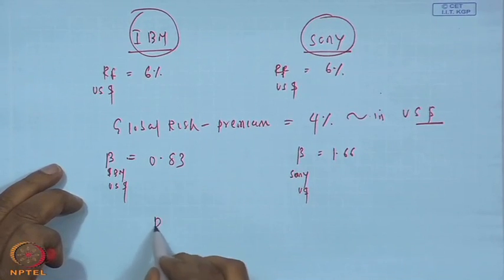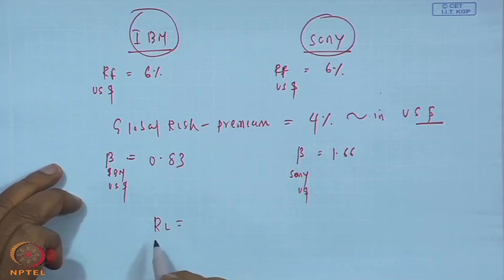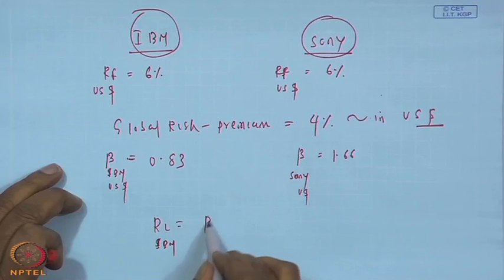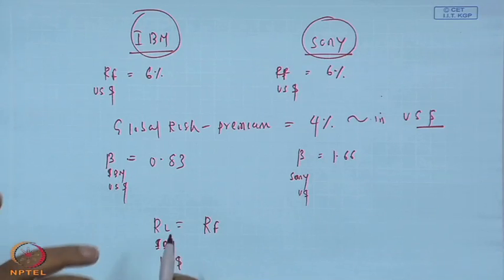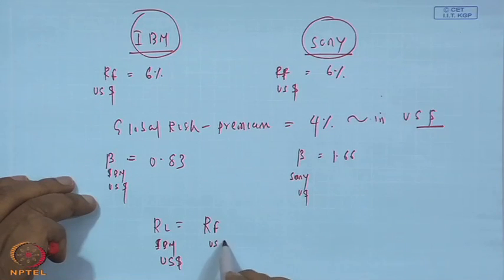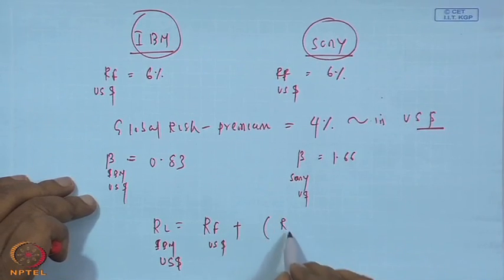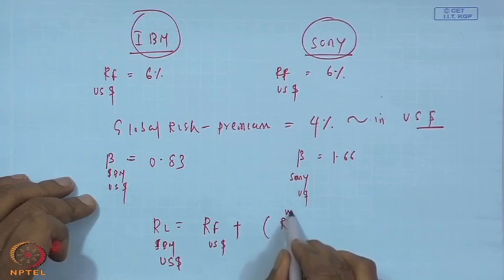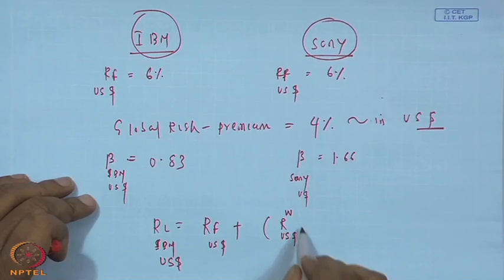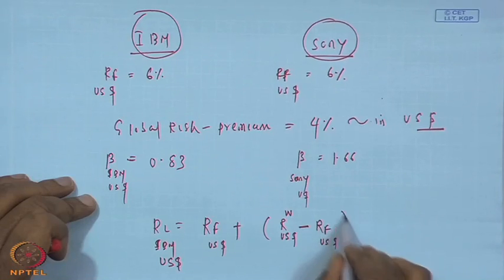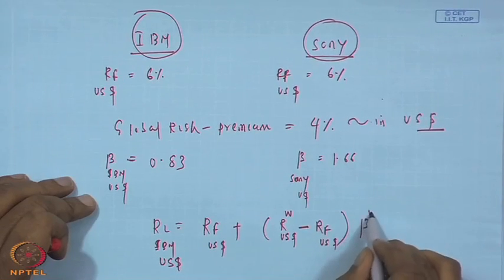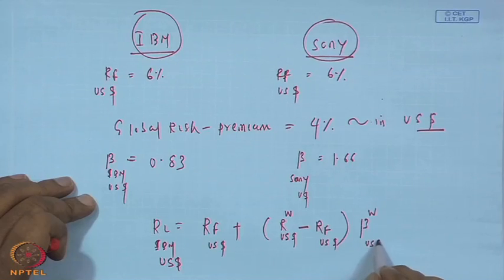We know the cost of equity calculation. Taking IBM first, the cost of equity of IBM in US dollar will be the risk free interest rate in US dollar plus the global risk premium, that is RW minus the risk free interest rate in US dollar, into the world beta of IBM in US dollar.